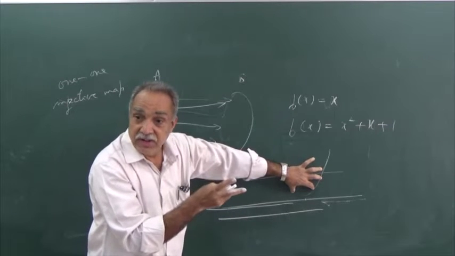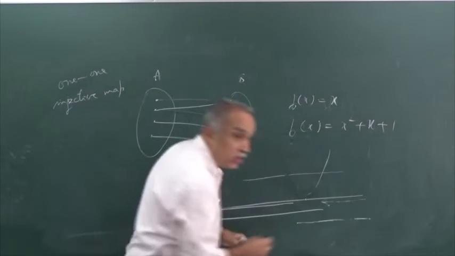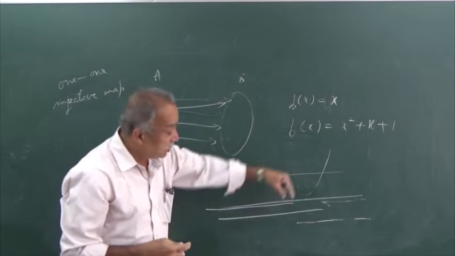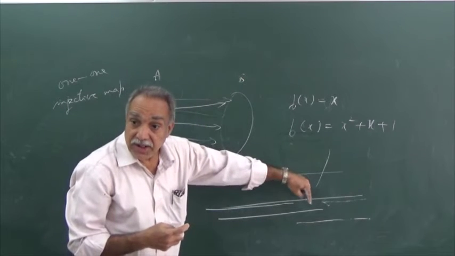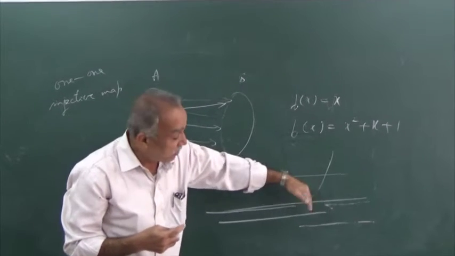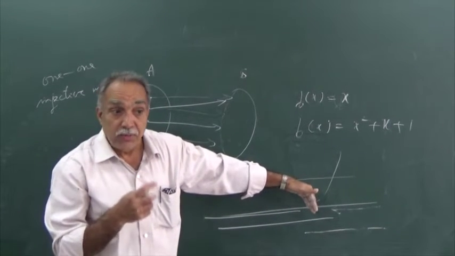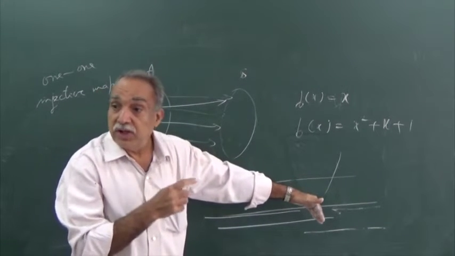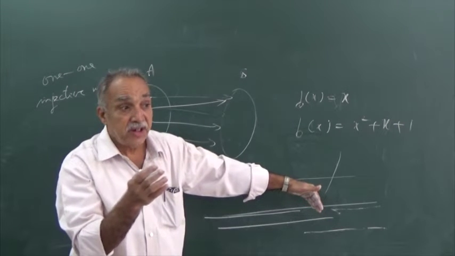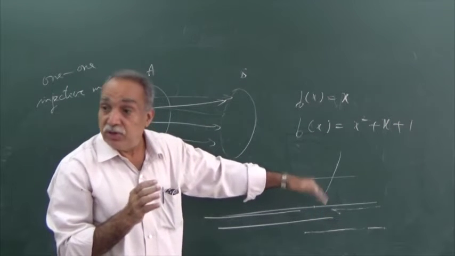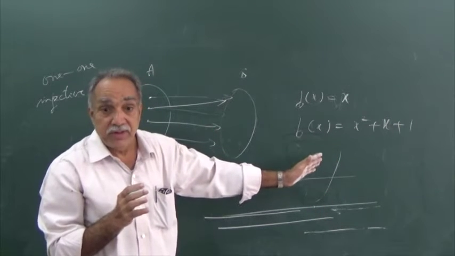Do you notice it? Yes. Now not 1-1. As long as your domain contains points on both sides of the vertex, it will not be 1-1. If the domain contains points belonging to only one side of the vertex, the function will be 1-1. Even though it is quadratic, it will be 1-1.